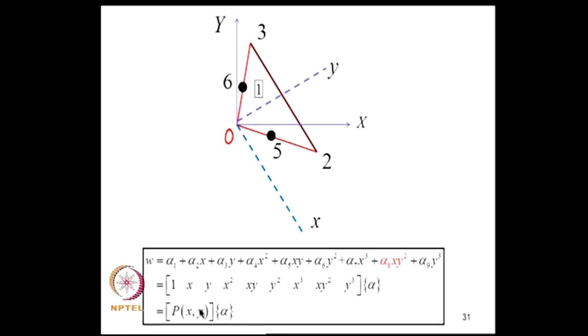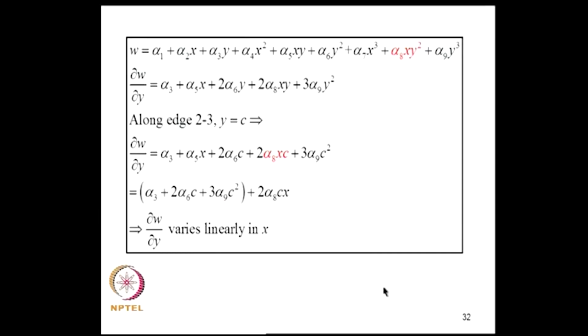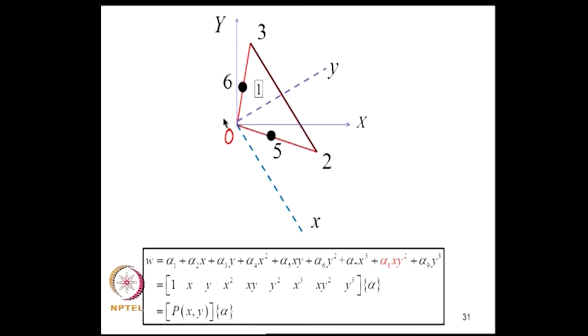We can now rewrite this in the form P into alpha, where P is this matrix of these functions and alpha is the vector of these 9 generalized coordinates. Now, w is given by this, and I want to compute now dou w by dou y. This is given by this function. Along edge 2, 3, you should see the way the coordinate system is configured.